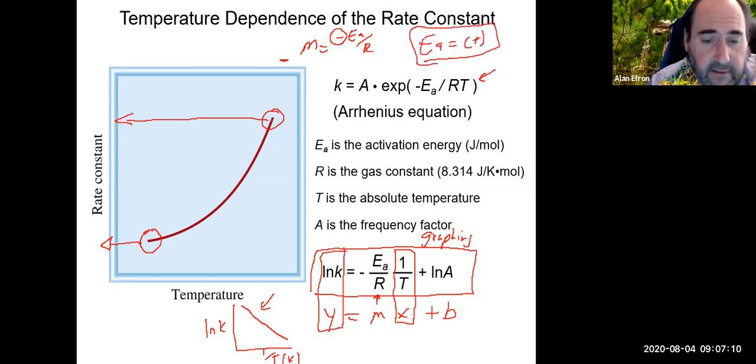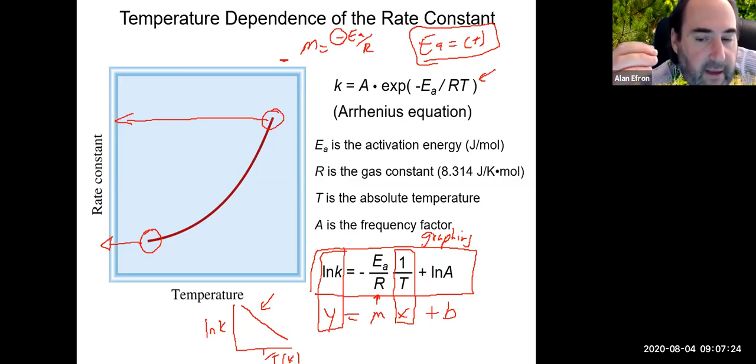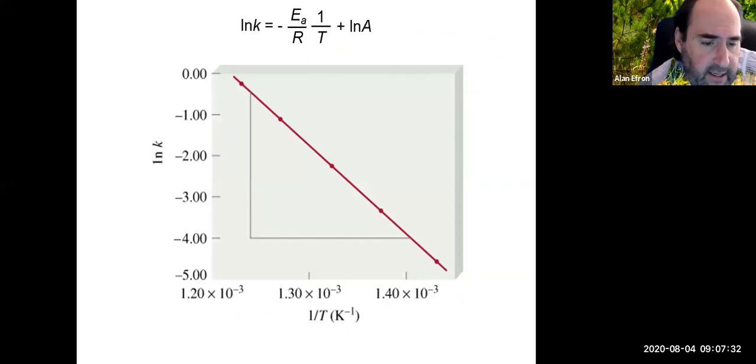And that typically is what an activation energy should be, a positive number. That negative and negative will take care of that. So this is a very common process that's done to figure out the activation energy of a reaction, through a graphical way of doing that. And here is a graph of that.